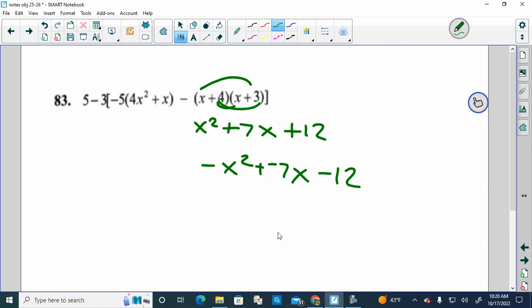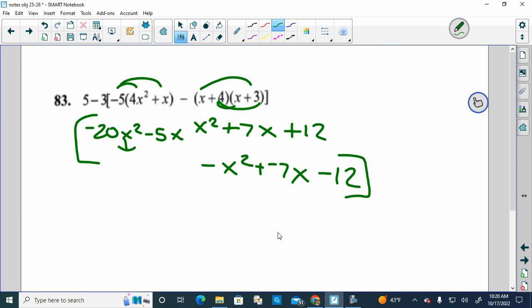Okay, we're good there? Okay, so now I'm going to distribute this guy. So that's going to give me a negative 20x squared. And then I have a negative 5 times x is what? Just negative 5x. Okay, so that is inside the bracket. So if I wrote this down here with this one. Okay, this is inside the bracket.